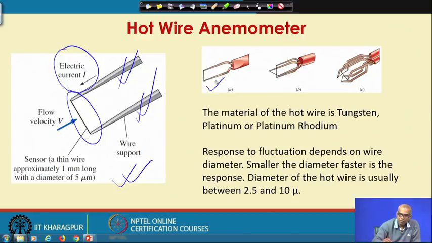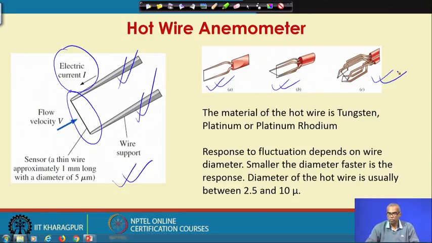So, there are different designs. And this one goes to one arm of the Wheatstone bridge. The material of the hot wire can be platinum, it can be tungsten, or it can be platinum rhodium.